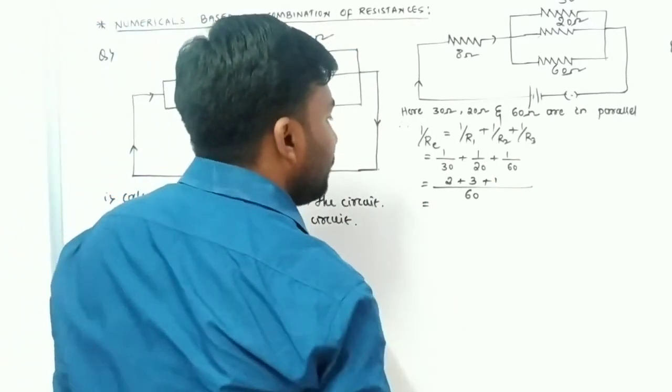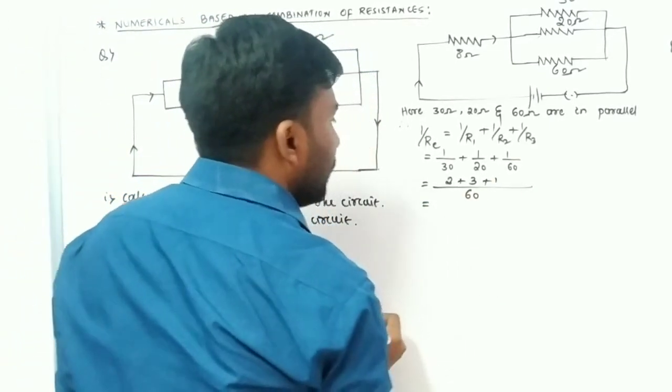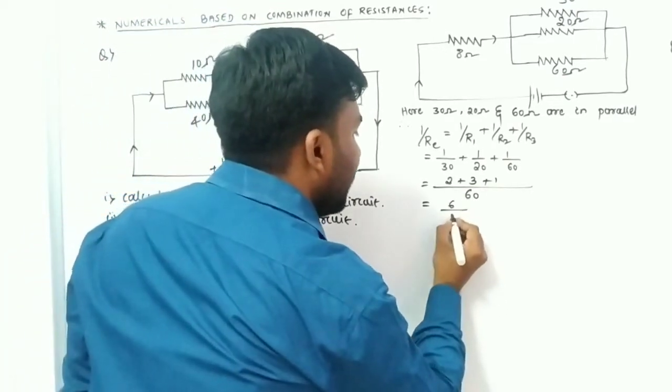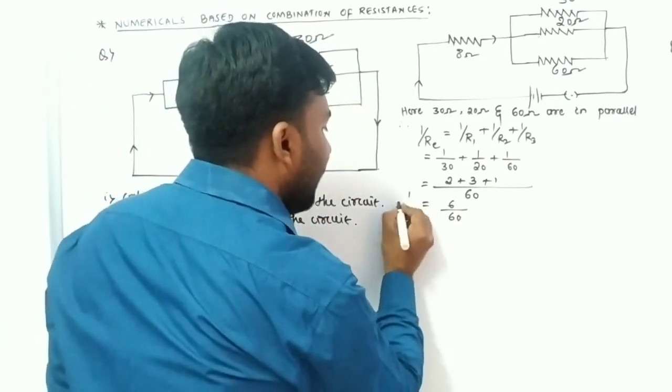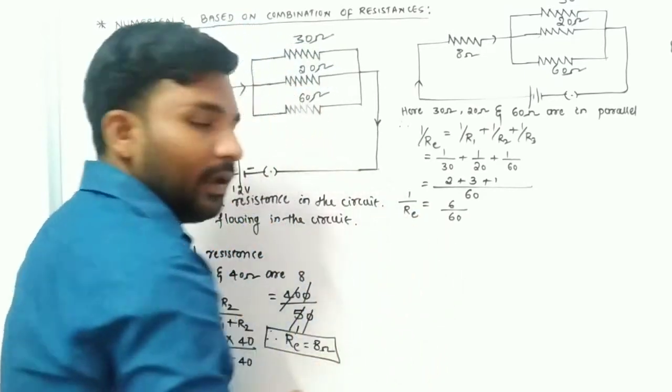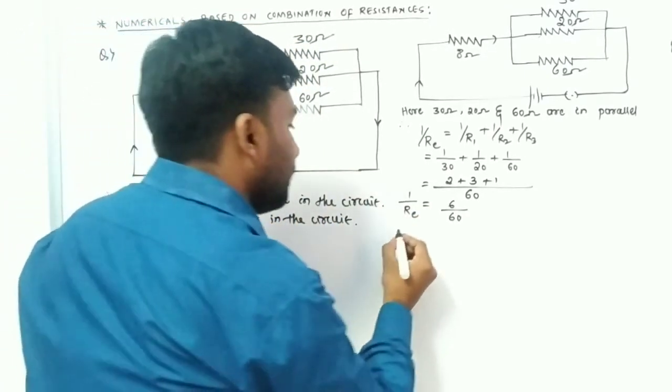This is equal to 6 divided by 60, and here we have the LHS side 1 divided by R equivalent. Take the reciprocal.